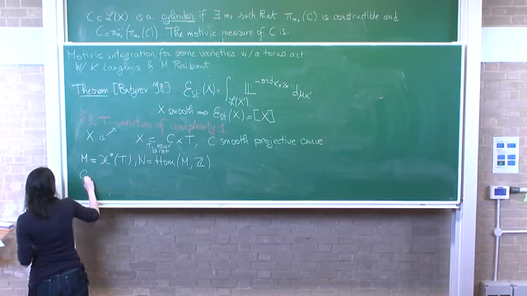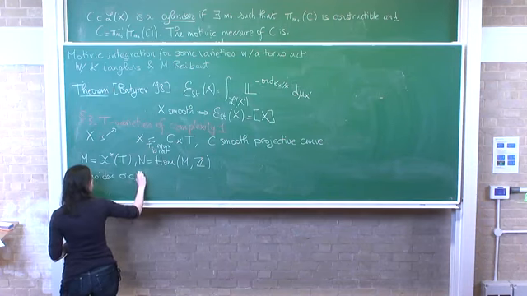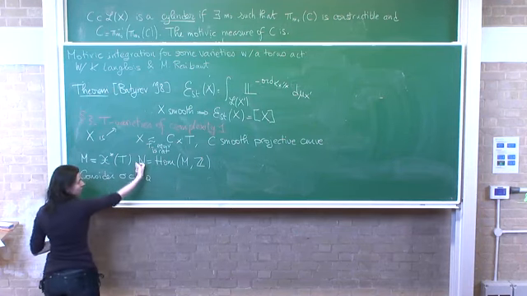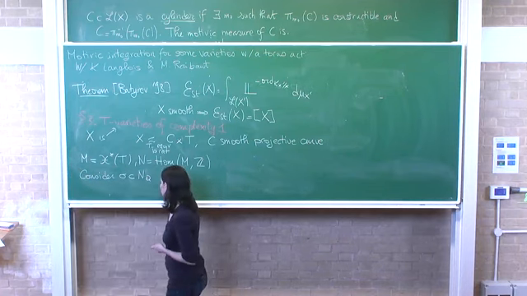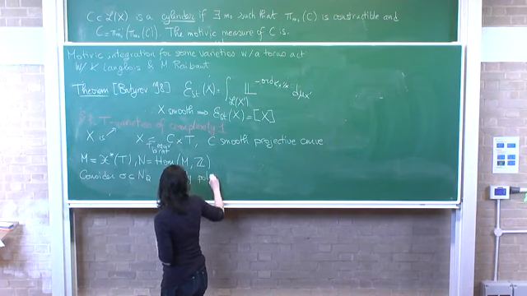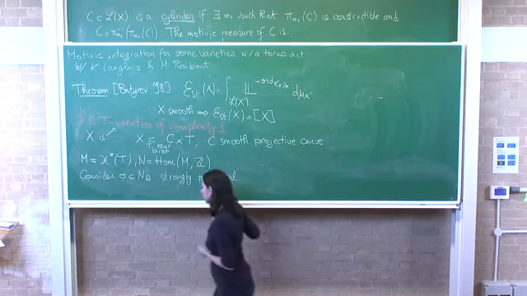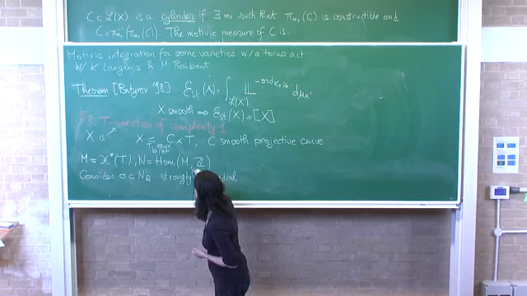I will consider some sigma inside the Q vector space corresponding to N, a strongly convex polyhedral cone.